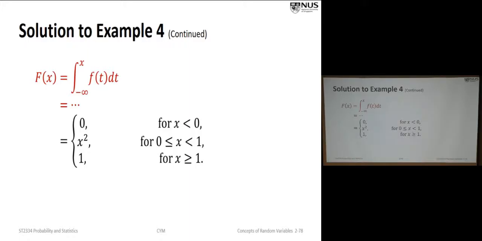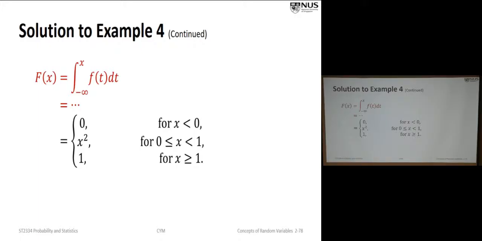So in other words, you should be able to tell me if x equals minus 1, what is the cumulative distribution function? And if x equals 0.5, what is the cumulative distribution function? If x equals 100, what is the cumulative distribution function for this given density function? So it's true for all x. But of course, the form may be different.